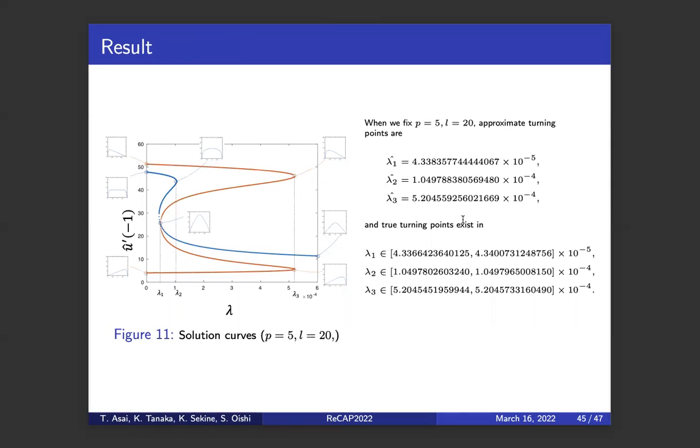When we fixed P and L like that, the approximate turning points are evaluated like that, and the true turning points exist in these intervals. So lambda 1, lambda 2 and lambda 3 turning points are verified.